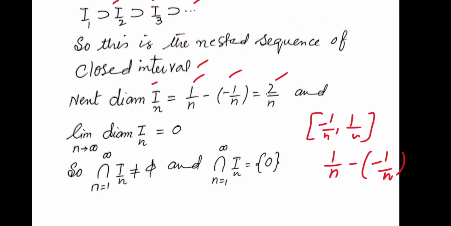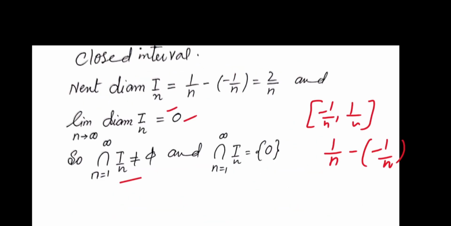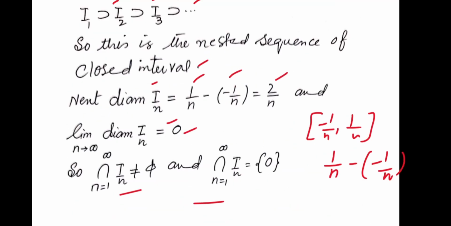So when we take the limit as n approaches infinity, its diameter is 0. So its intersection is non-empty, and the diameter approaches 0. Hence, this intersection just contains a single point, and from the figure you can observe that all of these intervals approach the single point 0 whenever you shrink them. That completes the statement of Cantor intersection theorem.